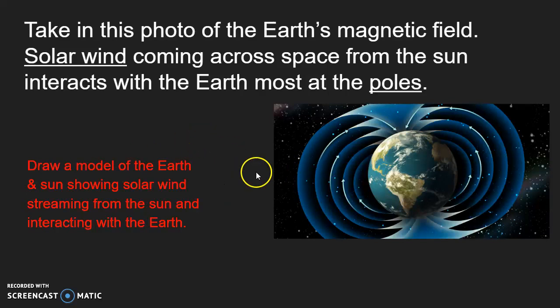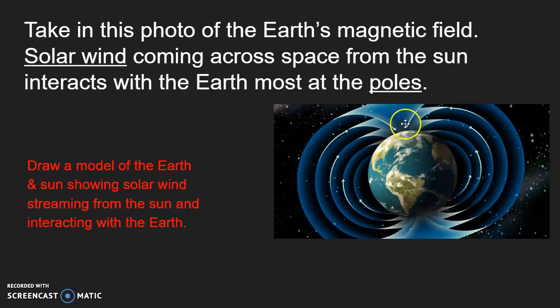Early in class, we drew this magnetic field image. Solar wind coming across from the sun will hit the magnetic field lines and travel along them. This is where it enters. These are magnetic field lines, these blue circles around the Earth.